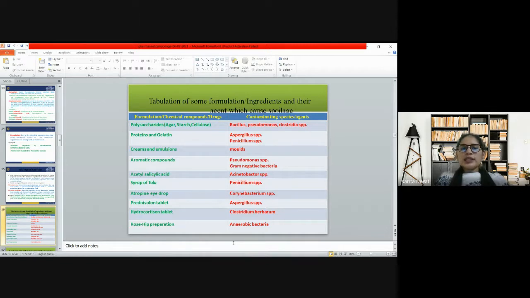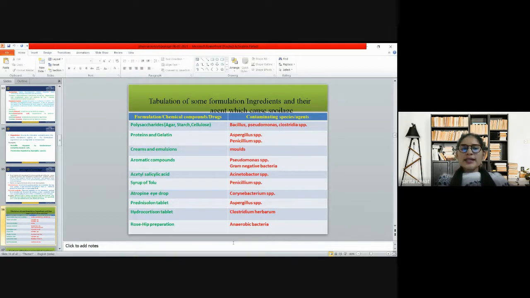Then we have protein and gelatin, contaminated by Aspergillus and Penicillium species. Then cream and emulsion, contaminated by molds. Aromatic compounds are contaminated by Pseudomonas species, gram-negative bacteria.